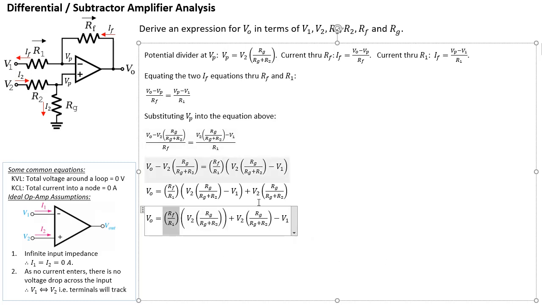All right, I'm just multiplying this bracket out. All right, so that's what I have now. So now I can combine V2 together. So that means I'm going to take V2 out. Well, actually, I can take.